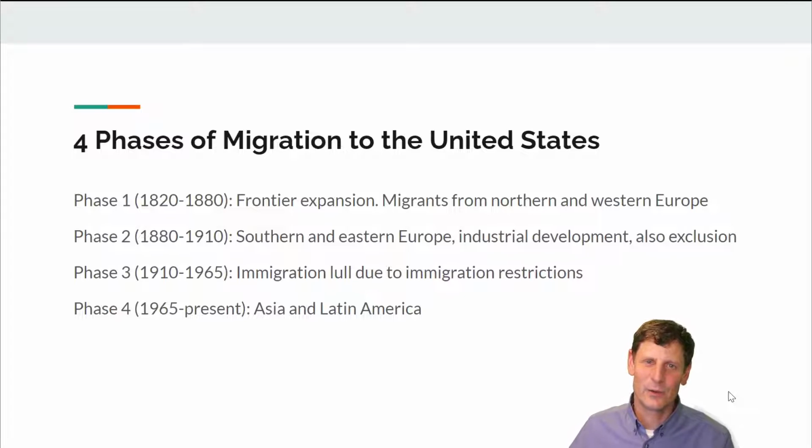The United States, of course, is originally a colony of Britain and became independent, but then more and more settlers would move into the United States and eventually expand it to its current boundaries. So that process of settling and expanding that frontier came at a cost of displacing other people.